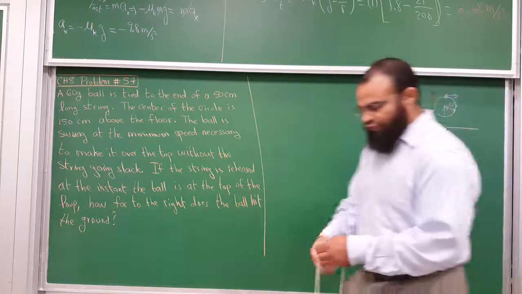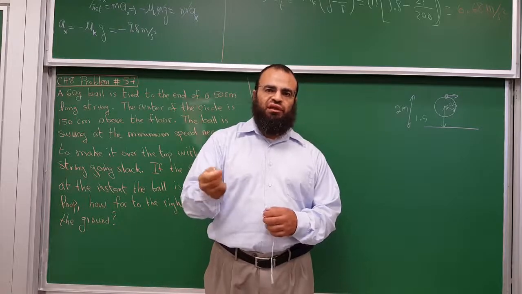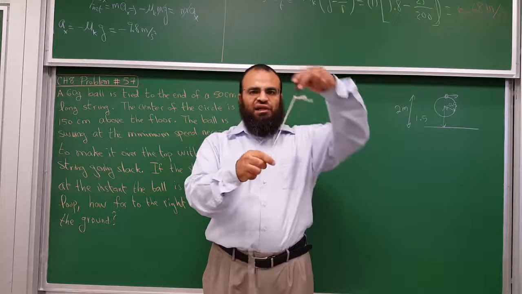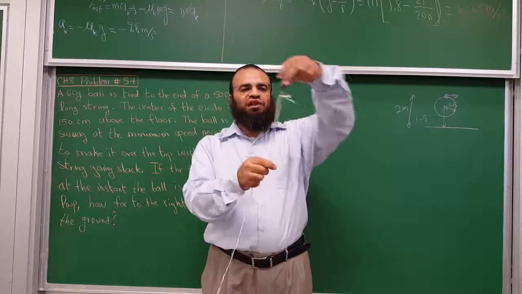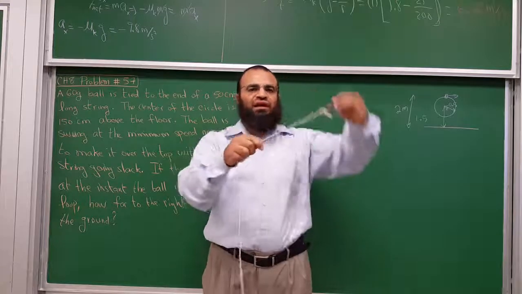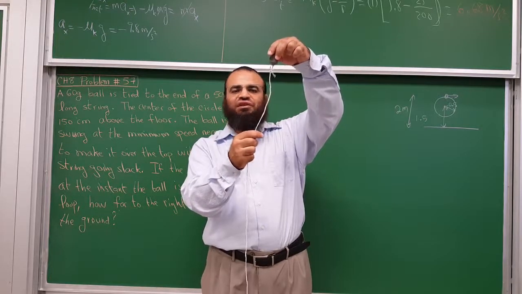Okay. So you're swinging the ball slowly enough that it barely makes the circle. I mean, if it doesn't have any speed, it will just fall on your hand like this. But you're swinging it barely enough that there is tension. So the tension is almost like loose. It's almost zero, as close to zero as you like.